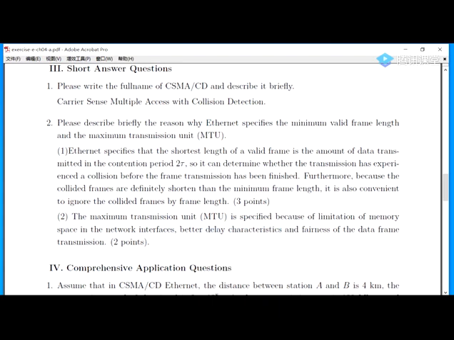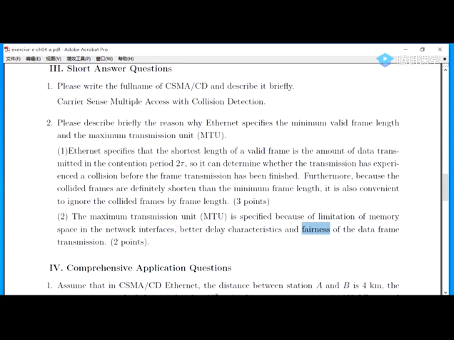The third reason is for fairness of the data frame transmission. If all the stations transmit frames with average length, then they will share good frame fairness.